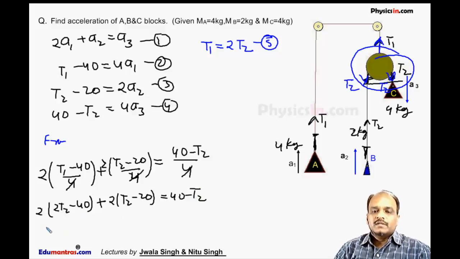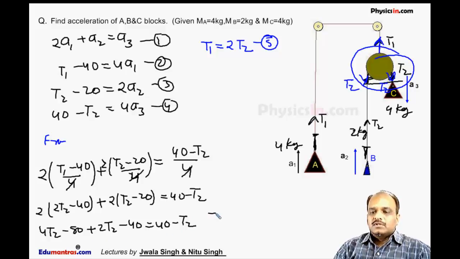Now from here I can write it is 4T2 minus 80 plus 2T2 minus 40 is equal to 40 minus T2. So from here I can write T2 is equal to 80 plus 40 is 160 by 7 Newton.